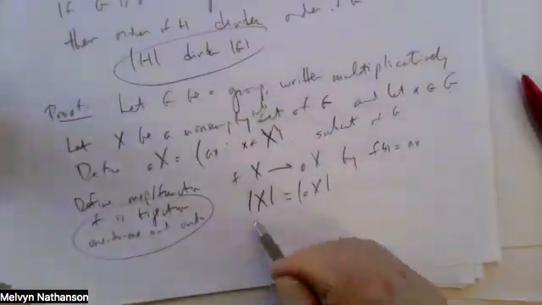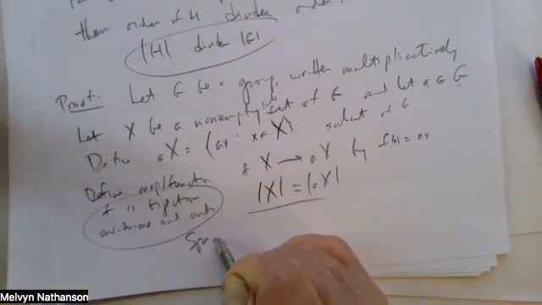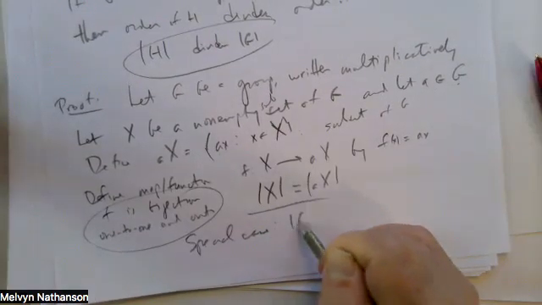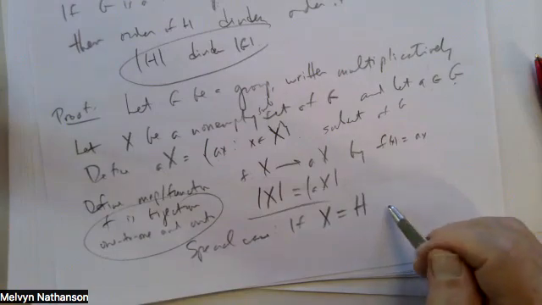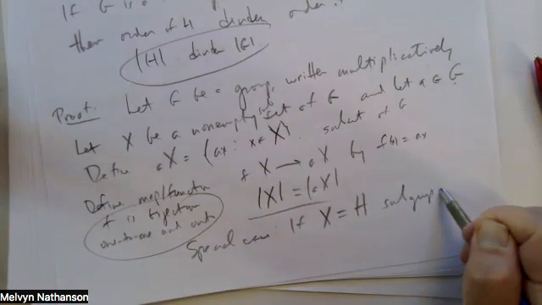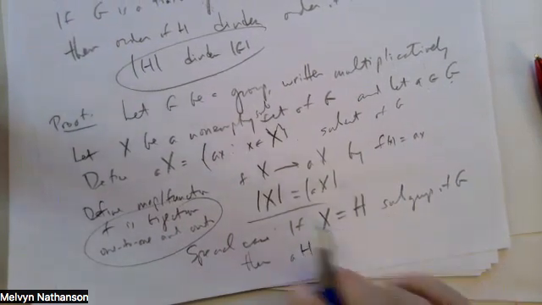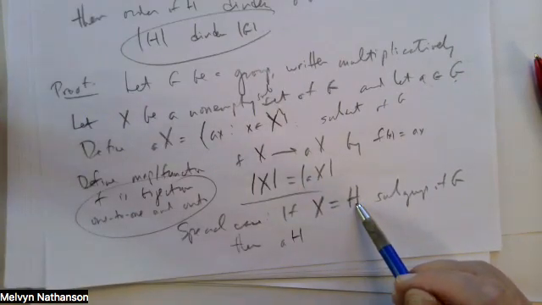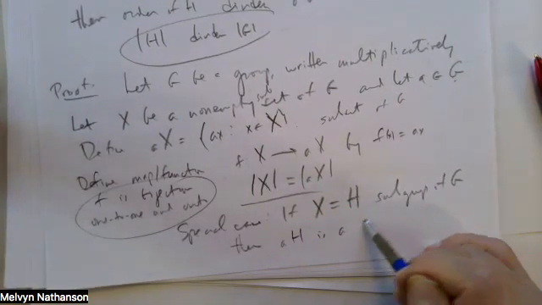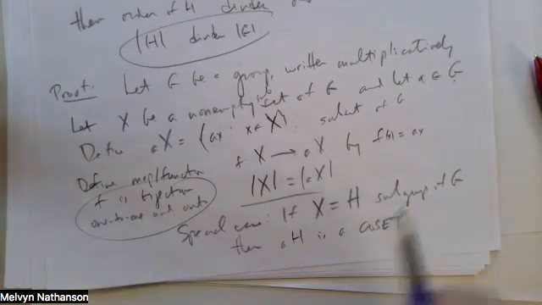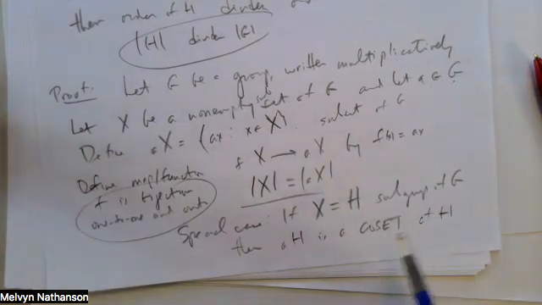And in a special case, which is important, if X is a subgroup called H of G, then A times H, what you get by multiplying every element of the set H by A, is called a coset of H. So a coset of a subgroup is the set that you get by multiplying every element of the subgroup by a fixed element A in the group.